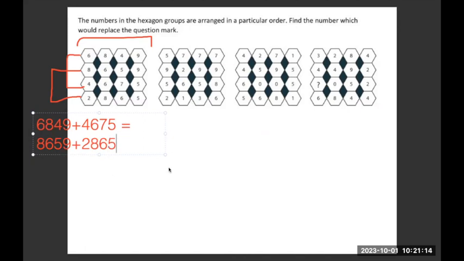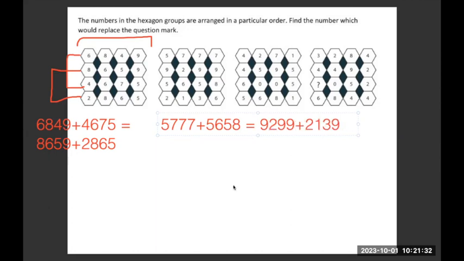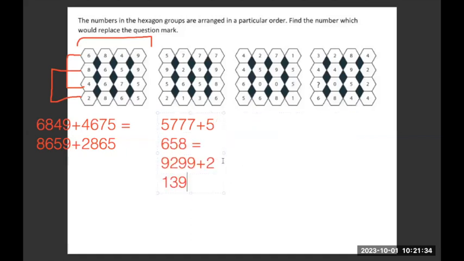This is the first one. In the second one, 5777 plus 5658 will be equal to 9929 plus 2139. This is the correlationship that we are looking at in this case.